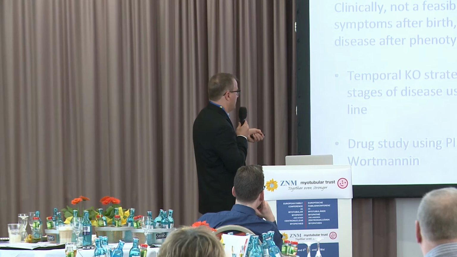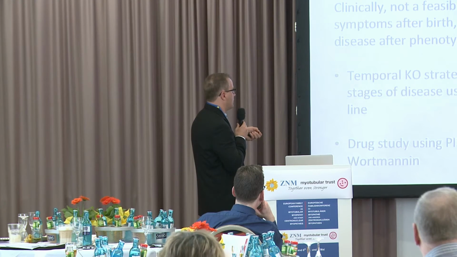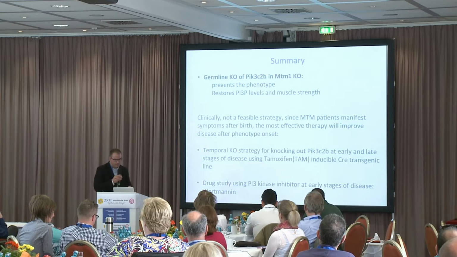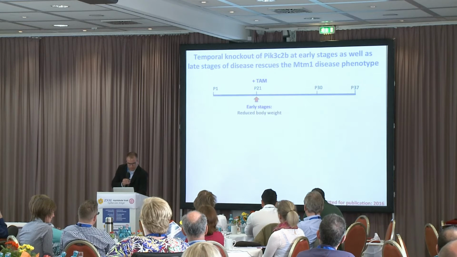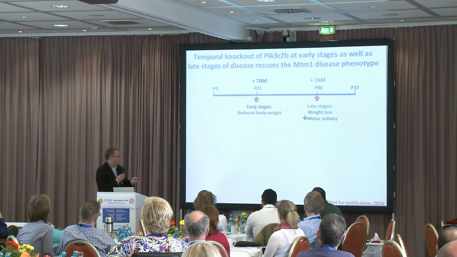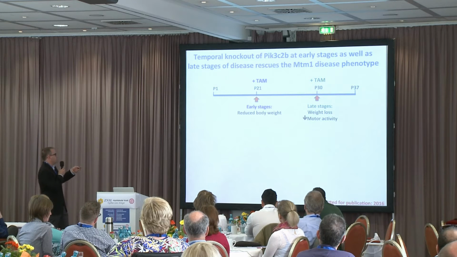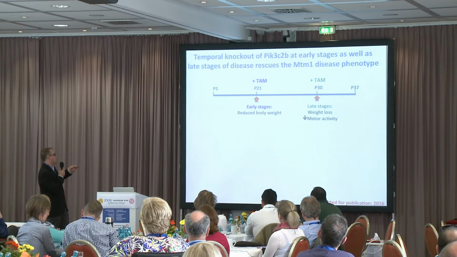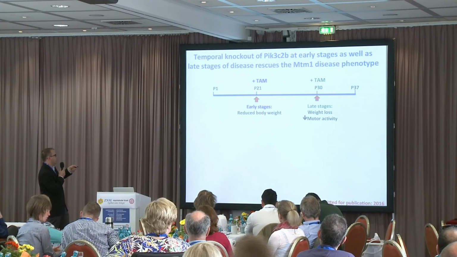And we did this using a kind of a tricky strategy where we can knock out the gene at different time points using a drug that induces knockout. And these are the 2 stages we did it. We did it at 21 days of age, which in our hands is when the MTM mice start losing body weight. It's the first time we can really distinguish them from the normal mice at the same age.